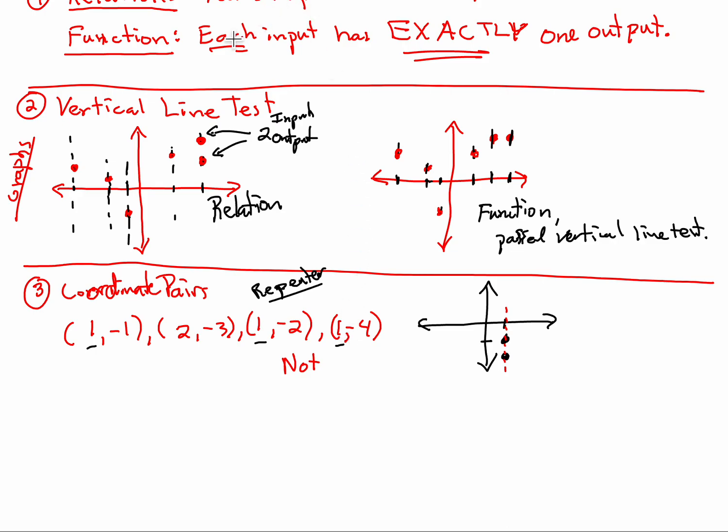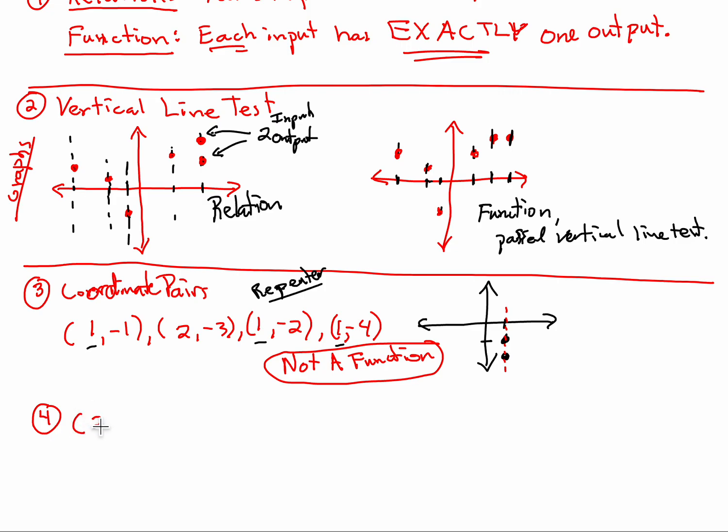Or the input of 1 had more than one output. It didn't have exactly one output. So not a function. And for me, I would say it didn't pass the vertical line test. So number 4 for the coordinate pairs.